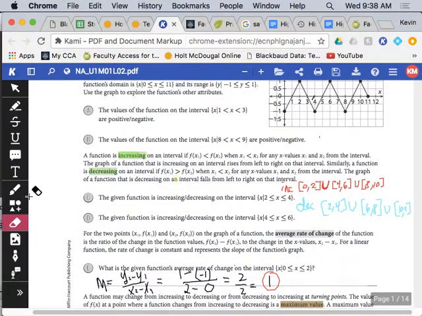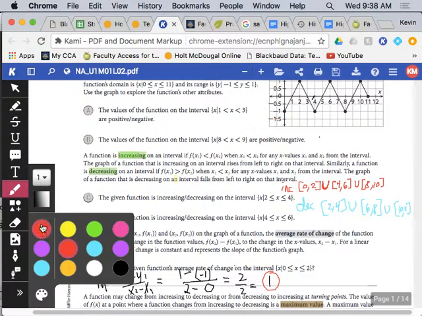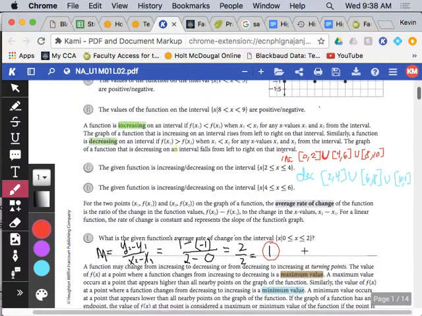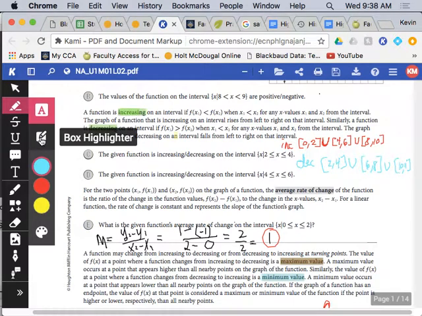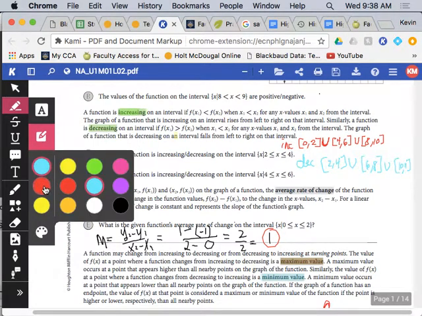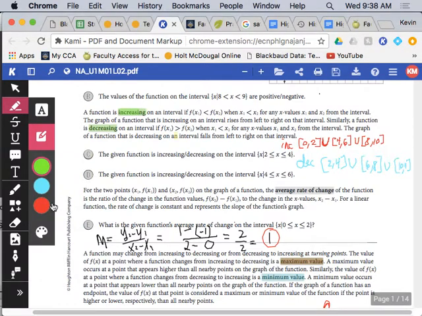All right. Next, we're going to learn about maximum values and minimum values. A maximum value is where a function changes from increasing to decreasing.